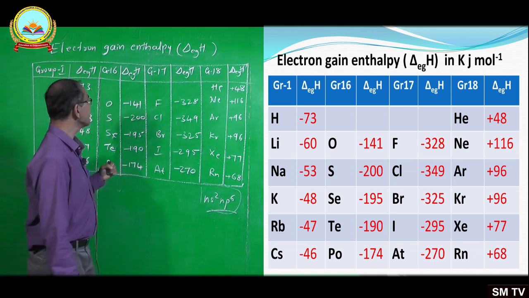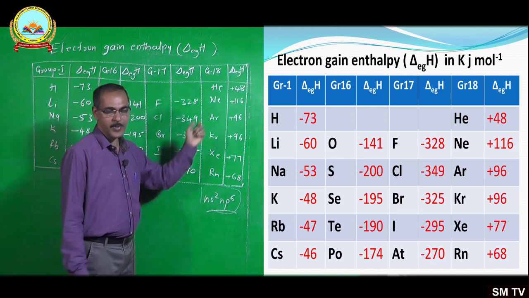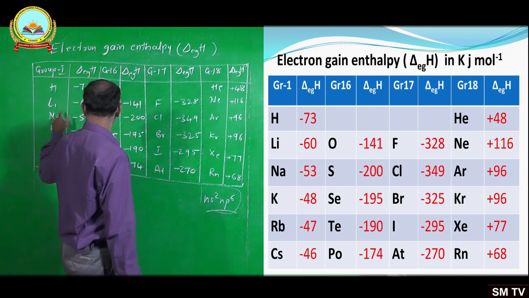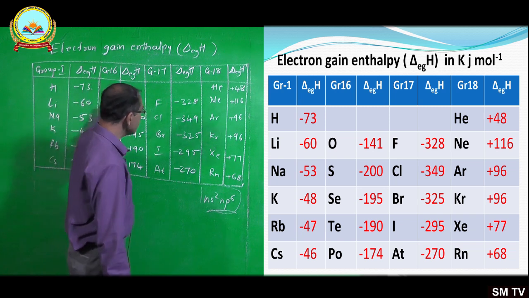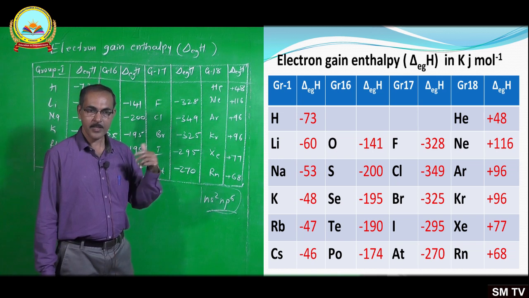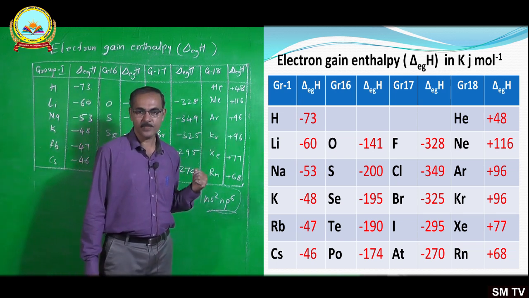Now, why does the electron gain enthalpy become more negative across the period? Across the period, the effective nuclear charge increases, thereby the atomic radius decreases.